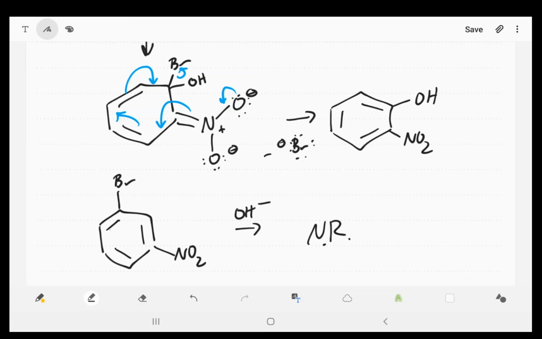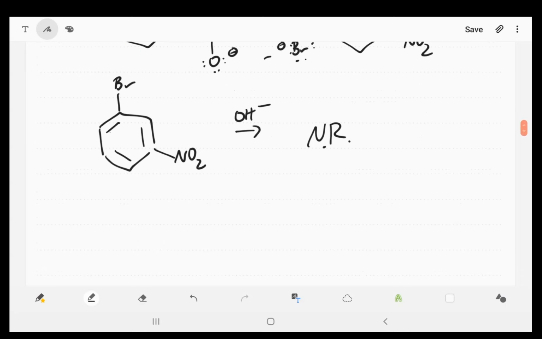You'll end up putting a negative charge on the carbon instead, and so that's unfavorable. So it just doesn't happen as a result. Okay, so we need our electron withdrawing substituent to be either ortho or para to our leaving group.